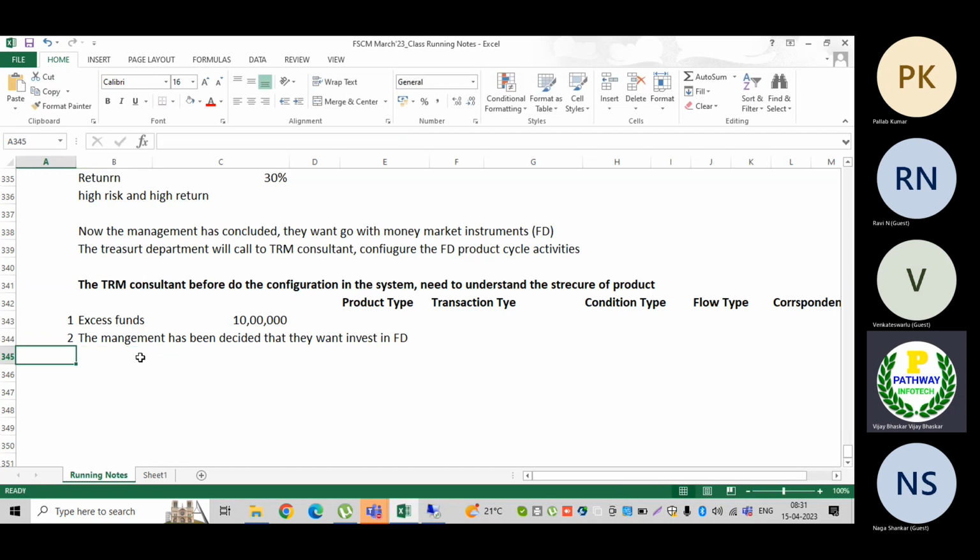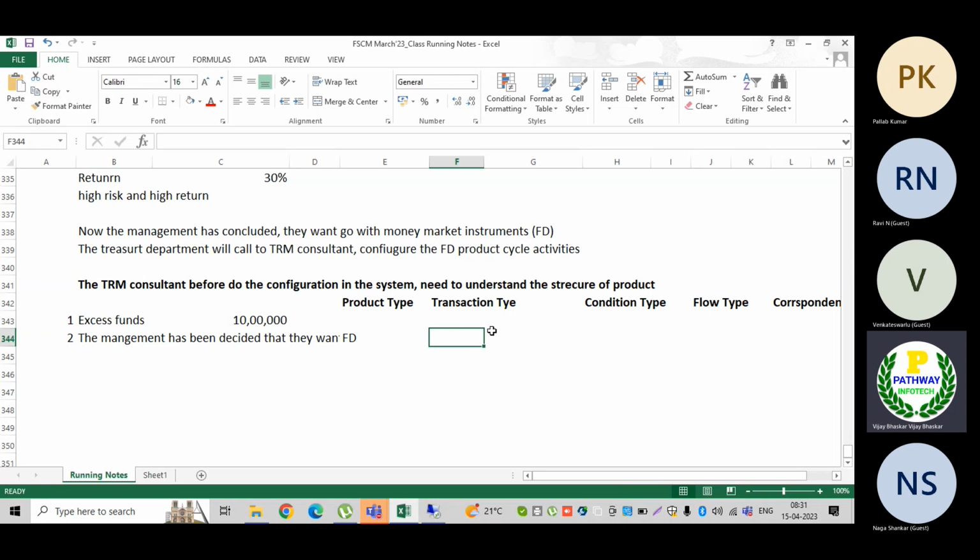In such a situation, what is the product type we need to invest in? It's an FD, a fixed term deposit. We will create a new product type for this one. I just mentioned it for our understanding: product type.